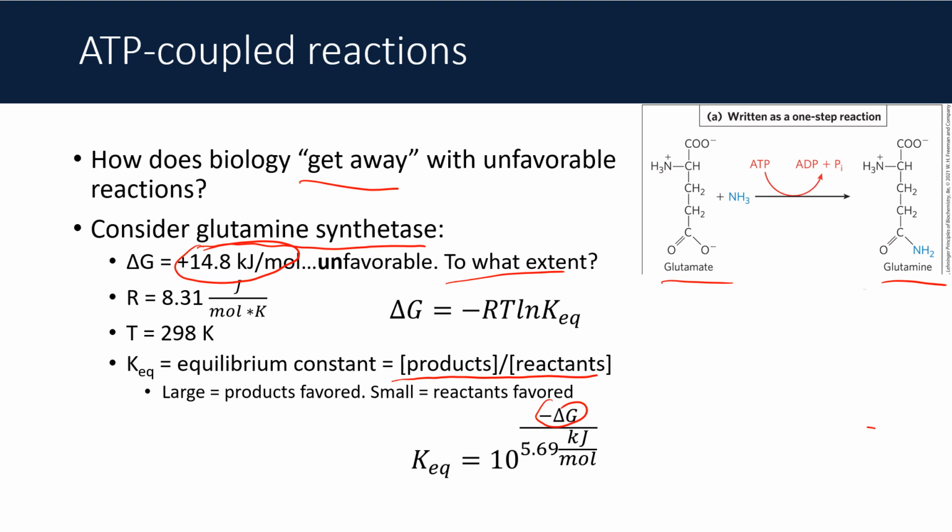If you plug and chug the Boltzmann constant and room temperature in Kelvin and rearrange this equation, you will get a much simpler term to solve for KEQ, the equilibrium constant, which is KEQ equals 10 to the power of the negative of the delta G divided by 5.69 kilojoules per mole.